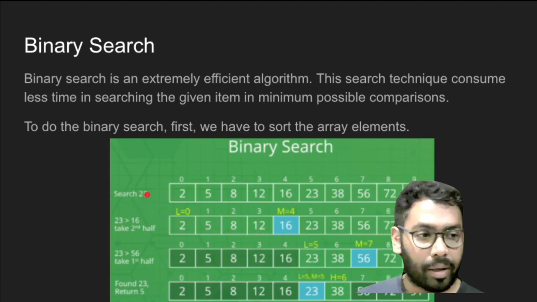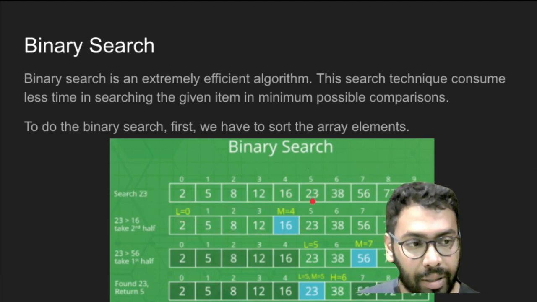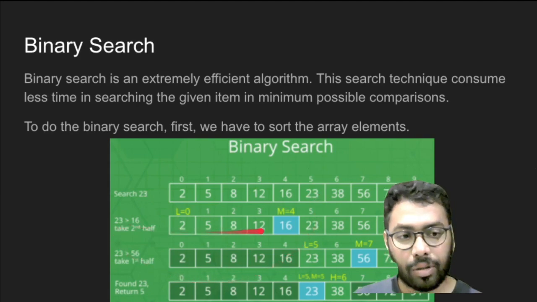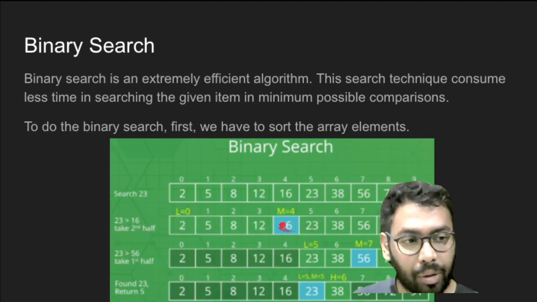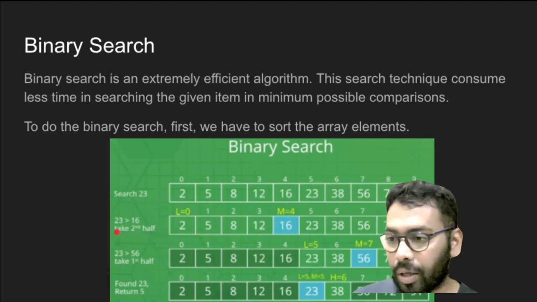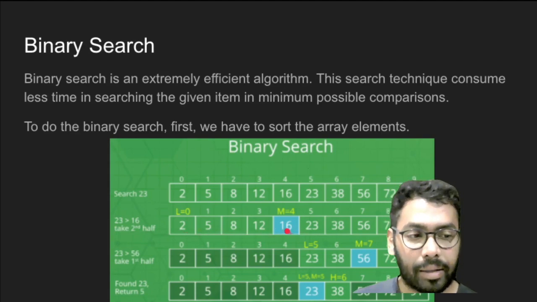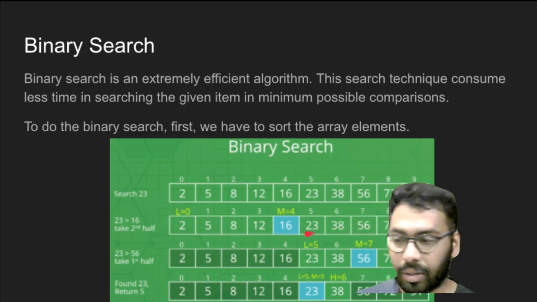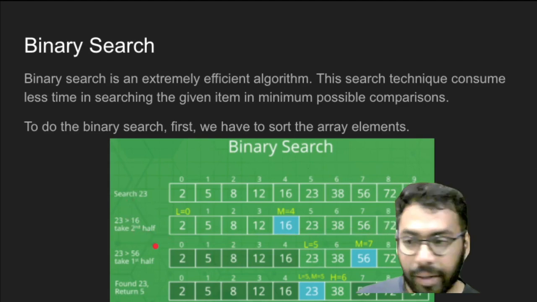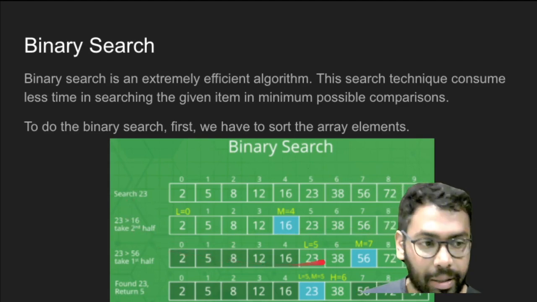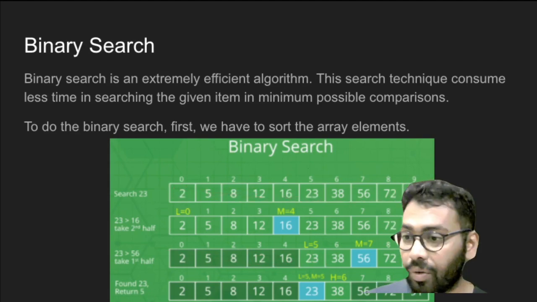Like in this case, we are searching for 23 here. So we just simply calculate what is the middle element here, which is 16. You move the start to 16 and then start searching from 16. So in every iteration, what is essentially happening is we are reducing the number of elements through which we would traverse to half.